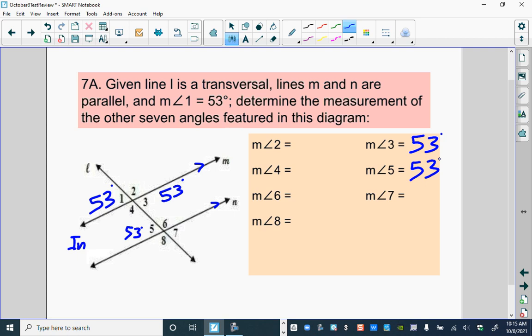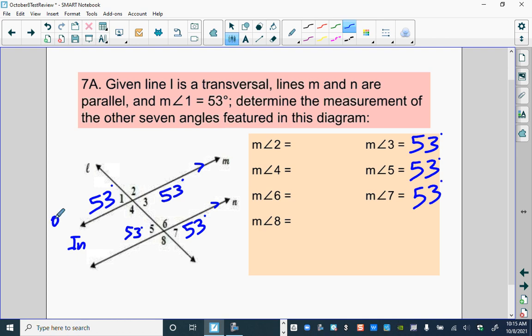And then 5 and 7, well, 7 would also be 53 degrees. There's a variety of reasons. With angle 5, they're vertical. Angle 3, corresponding. Angle 1, alternate exterior.